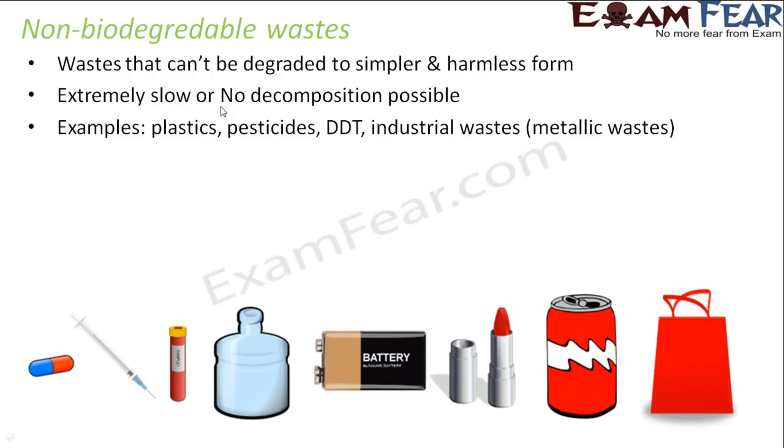So we have to put a limit on their usage. Similarly, a lot of industrial wastes also fall under the category of non-biodegradable waste. So we need to put a check on using things which are non-biodegradable, because such materials remain in the environment for a very long time and therefore harm the environment.